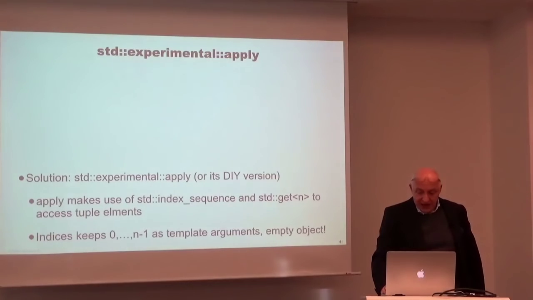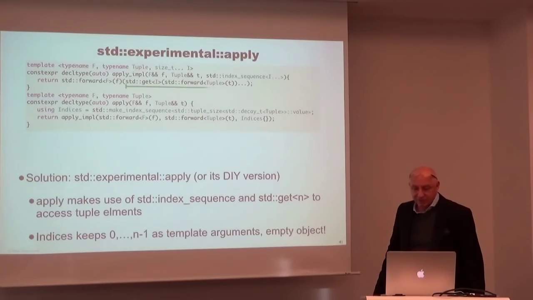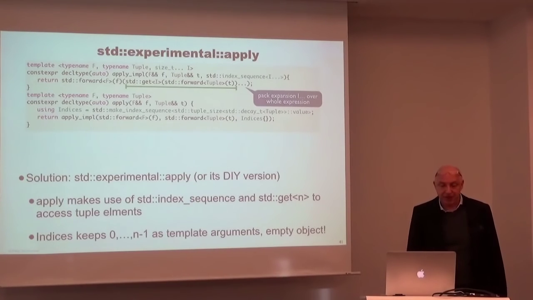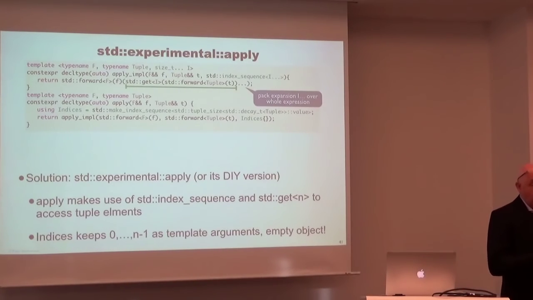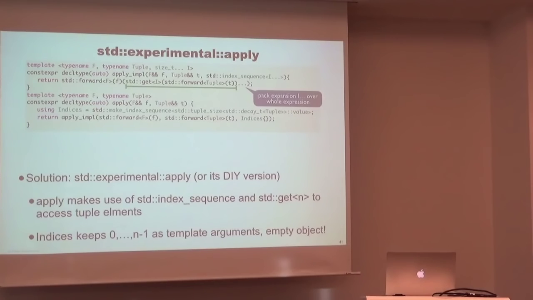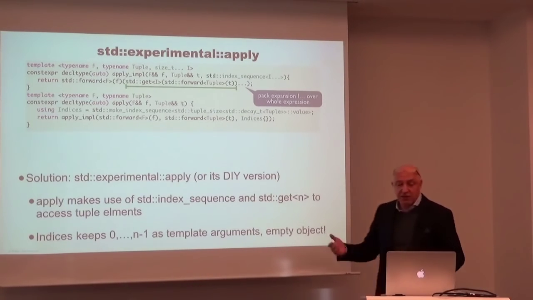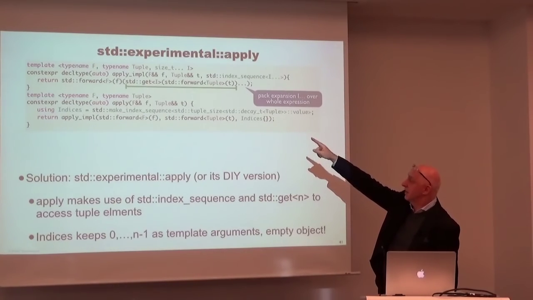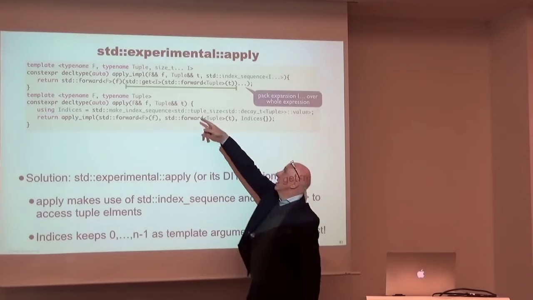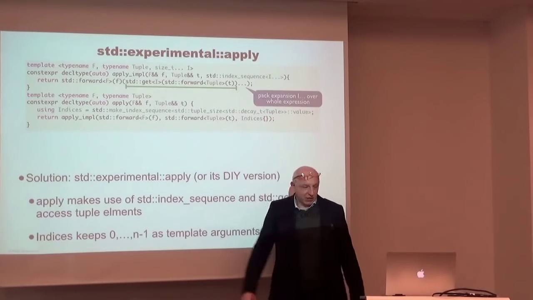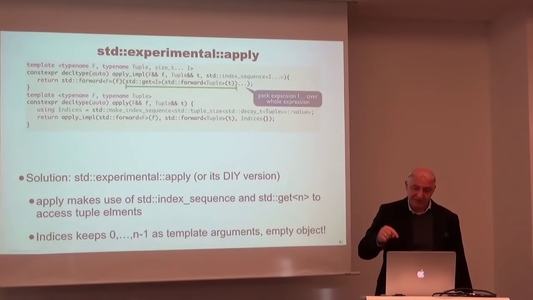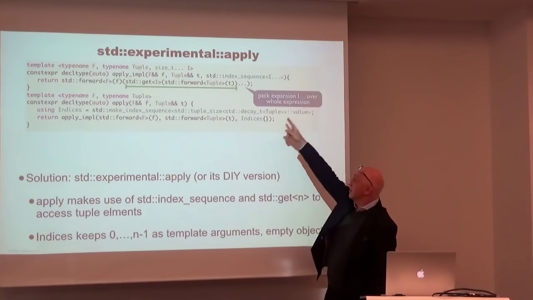Now, what does apply look like? It actually shows you a little bit of interesting pieces of pack expansion. The pack expansion not only works for a single name, but also for a whole expression. And it will generate a list of these expressions, actually not for each T, but for each I, the index sequence here.